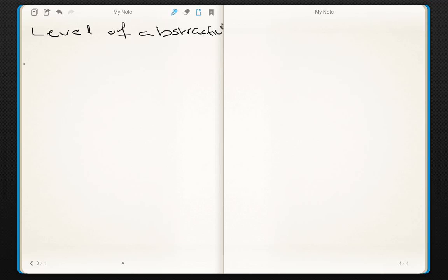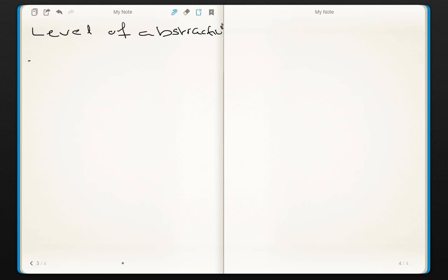You also need to know the levels of abstraction in that week. We have three levels.